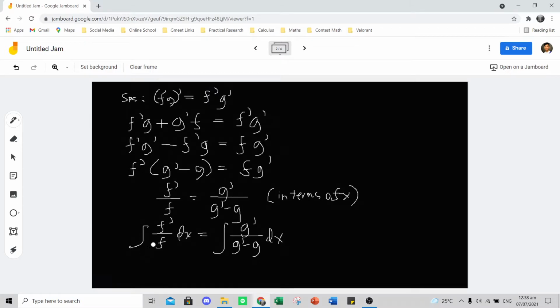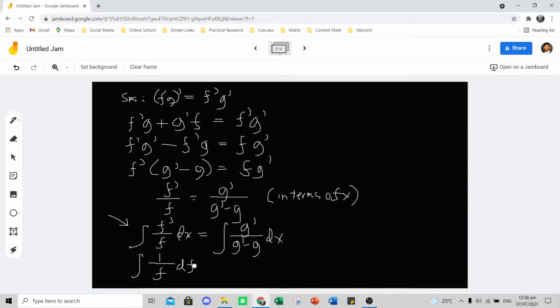Here, the left-hand side is the antiderivative of f prime over f. We can get it by noticing that this is just the integral of 1 over f df.